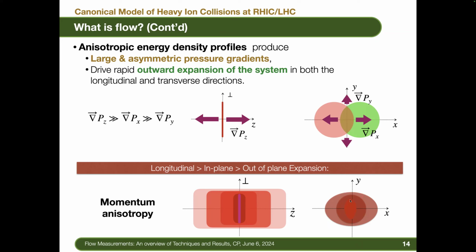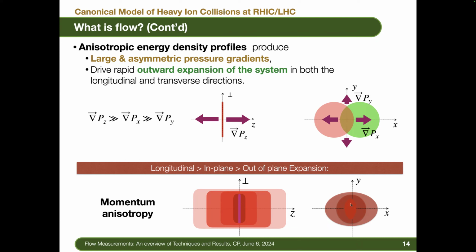By quantifying this anisotropy, one is able to obtain a signature of the expansion, and from there, the hydrodynamics will give us a mechanism to explain the conversion of density gradients, pressure gradients, into the acceleration of the particles.